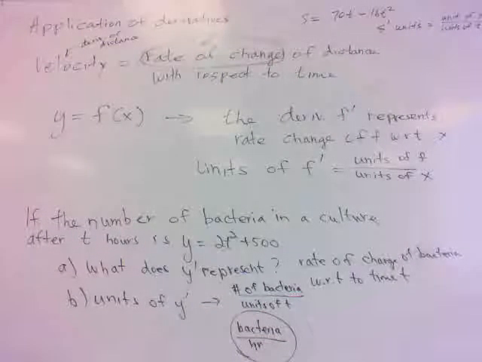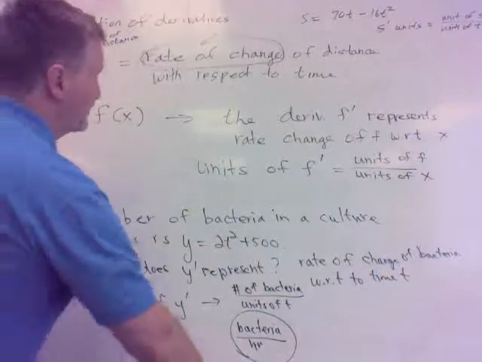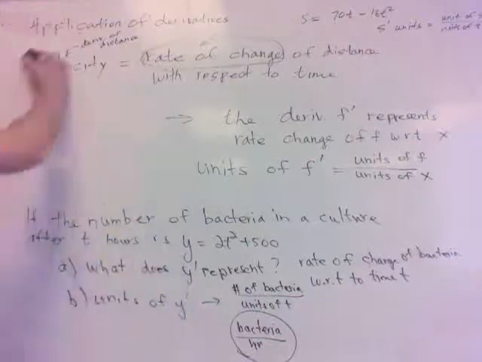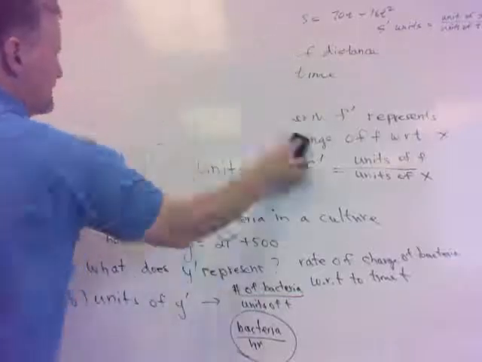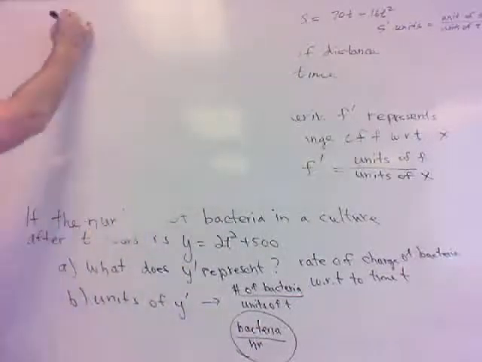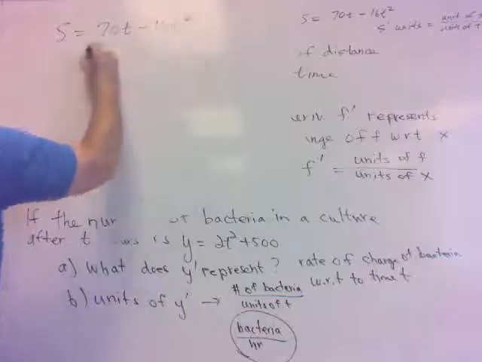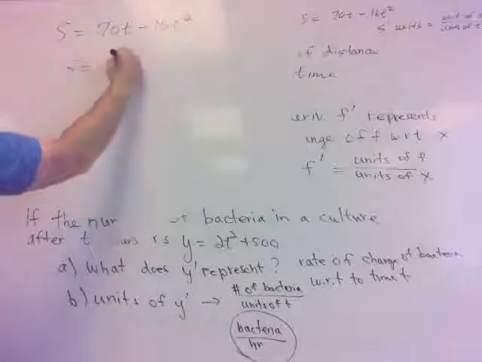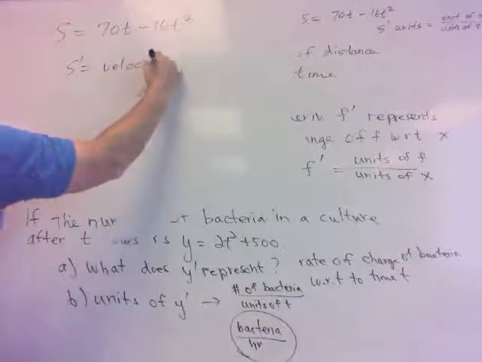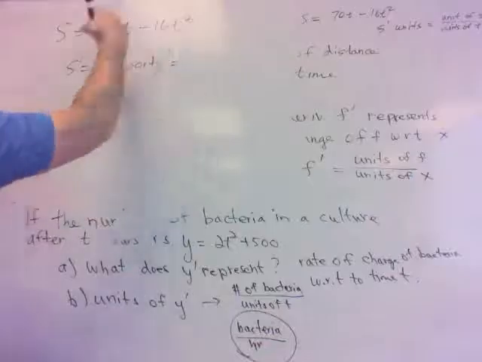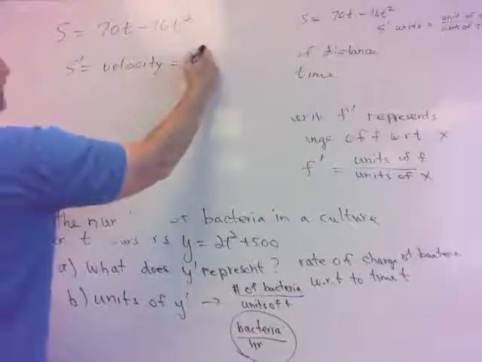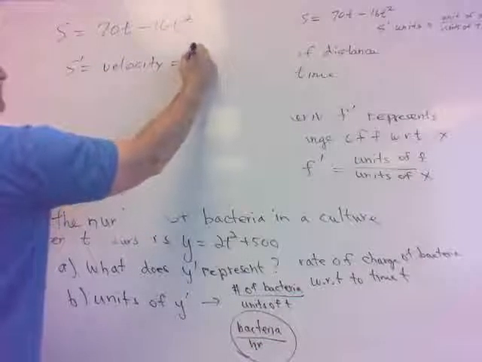One other thing let me mention. Well, cutting it close here, but I did want to mention one other thing. You know, I had s equals 70t minus 16t squared, and I said s prime is the velocity, which is the rate of change of your distance, your height.